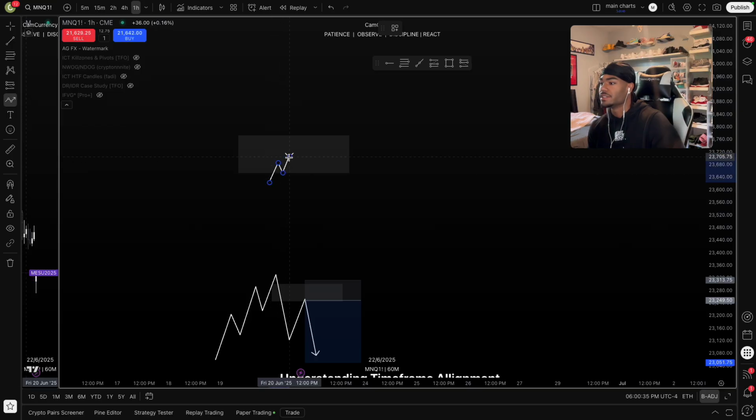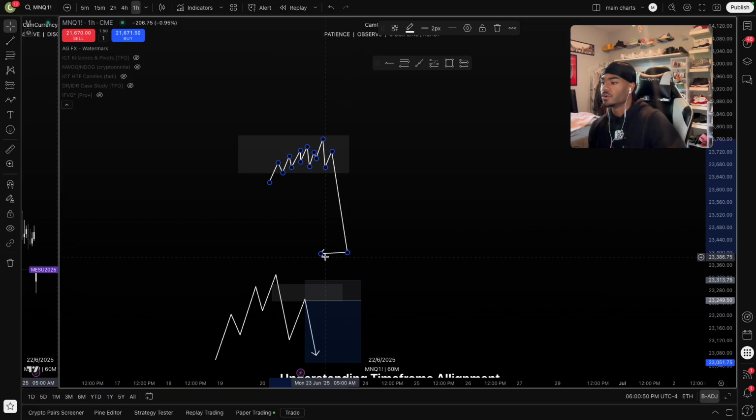Now we're looking at the 15-second. Now we can see more clearly, more in depth what we're doing. Now let's say we get this right here, the same exact entry, but it's on the 15-second now. And we're still targeting that same opposing liquidity pool, the 5-minute time frame alignment. Now I will enter based off of the 15-second.